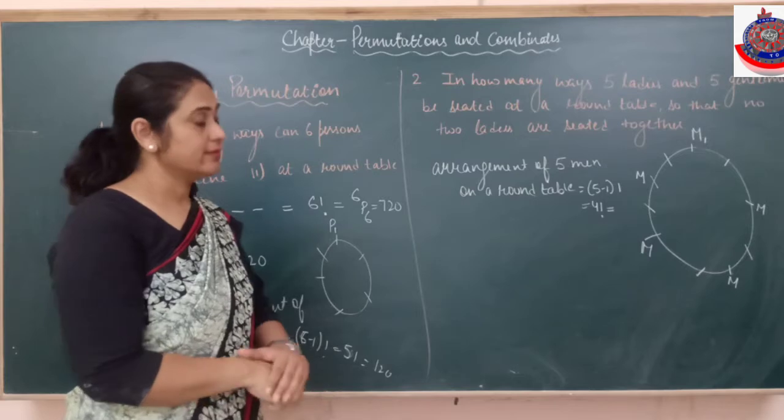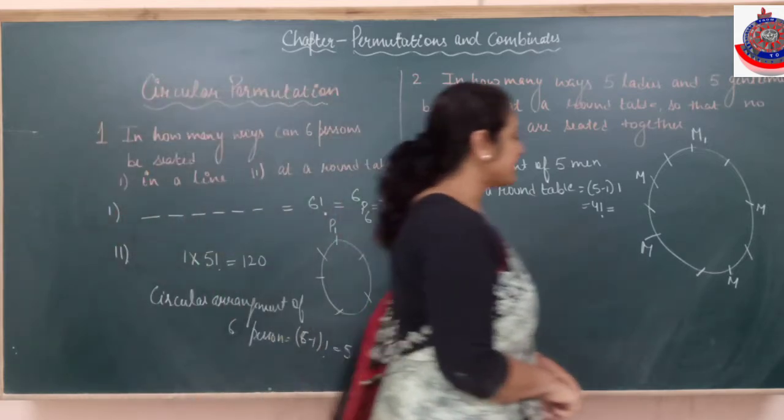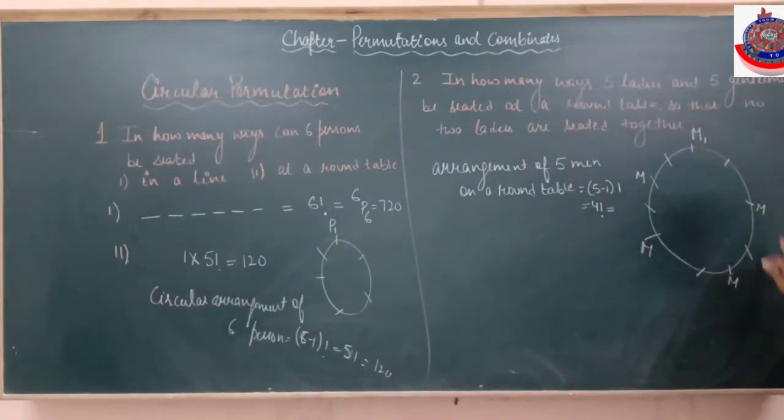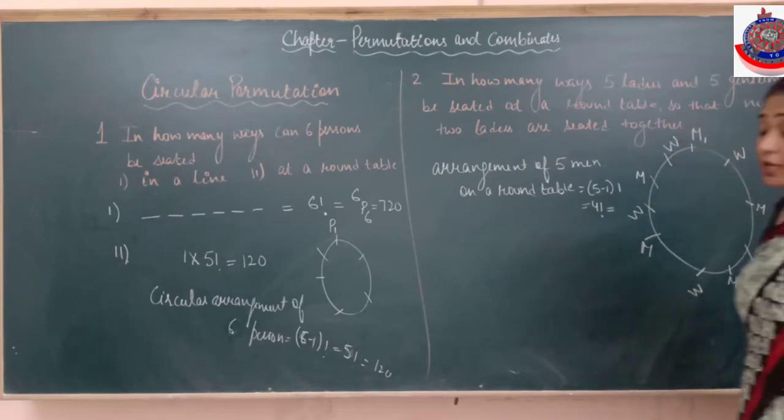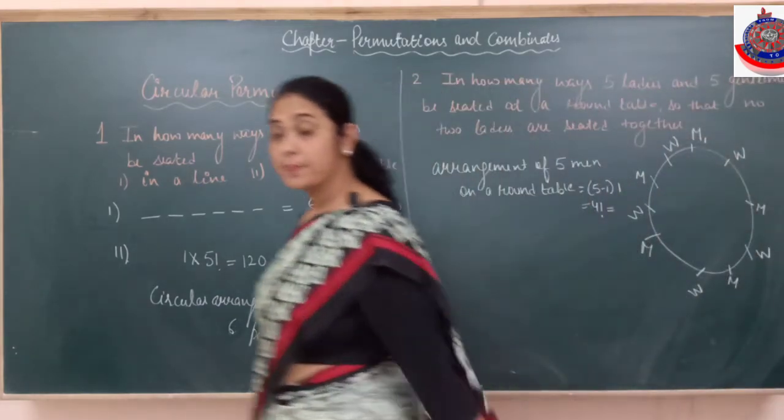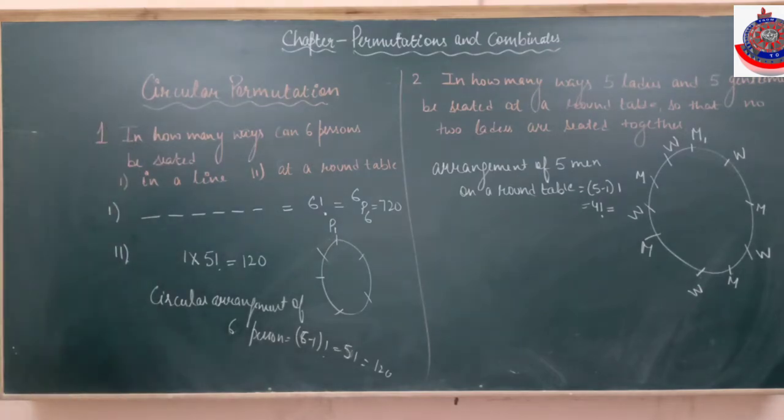Now the men are adjusted. Now coming to women. So I have 5 places. Now as the seats are clear, women can come and sit here. Women can come here. There is no problem. Women can come and sit anywhere. Alright? Clear? Fine. So now for women there is no restriction.